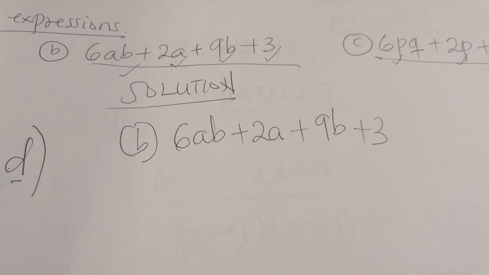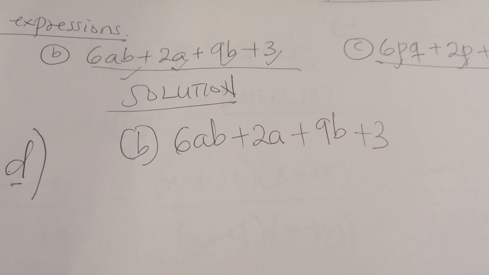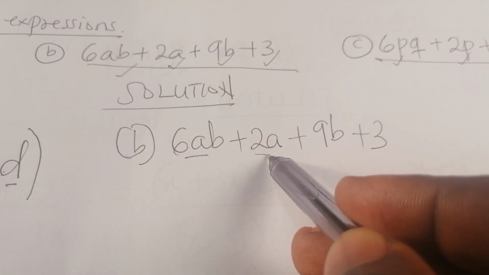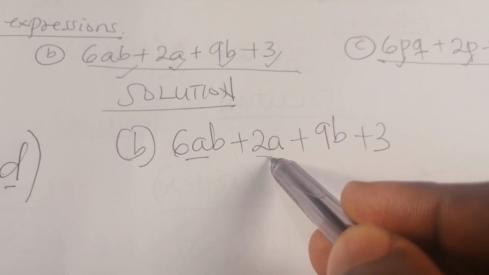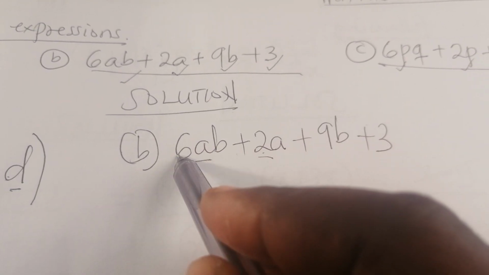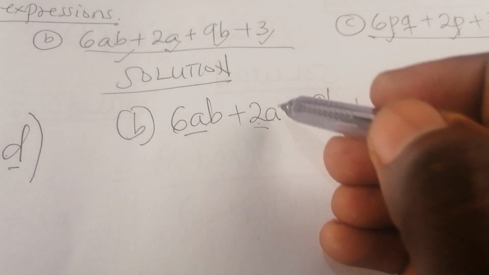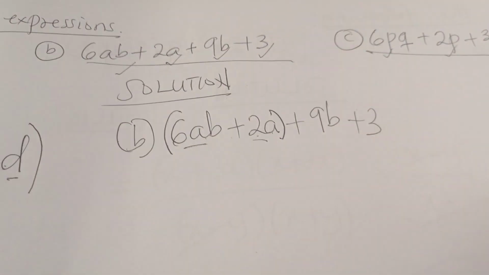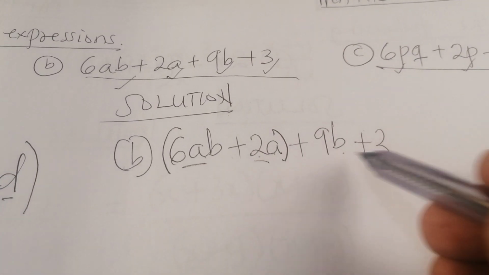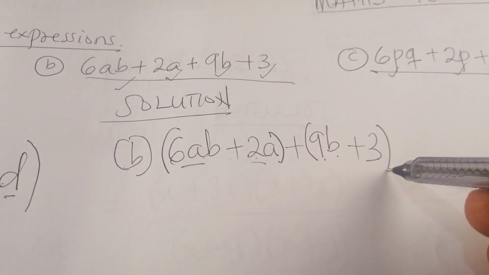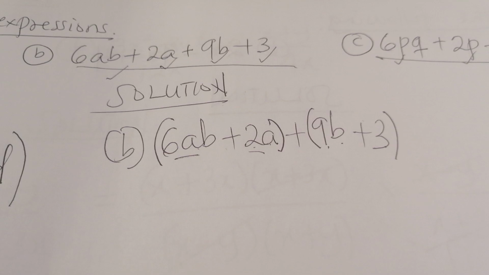We group numbers or terms of the same factor. So when we take 6AB and 2A, can we see there's something in common? Yes, 2 is a factor of 6, and there is A, there is A. So we can group these two in one bracket. And when we come here, 3 is a factor of 9. So this can also be grouped in another bracket.